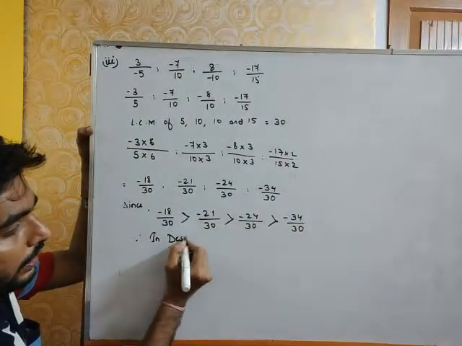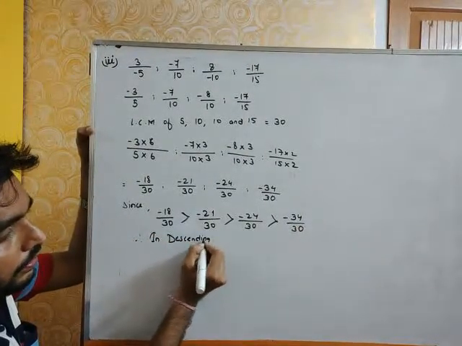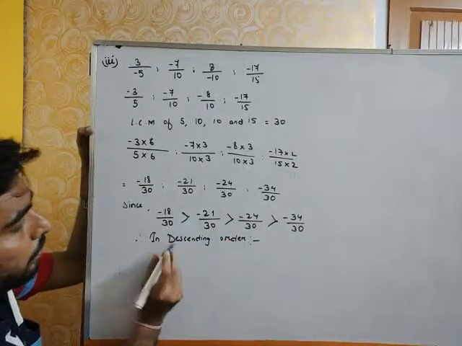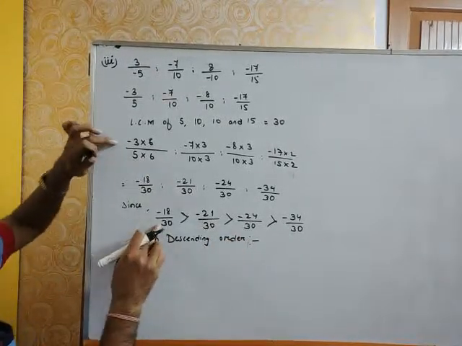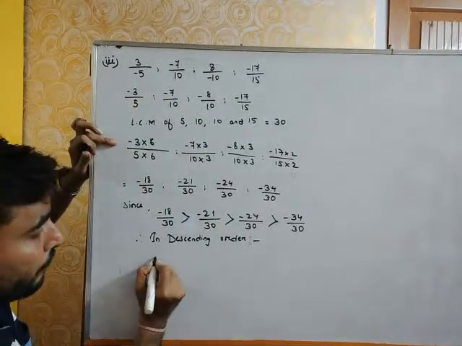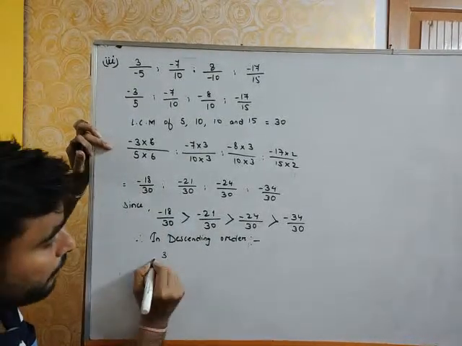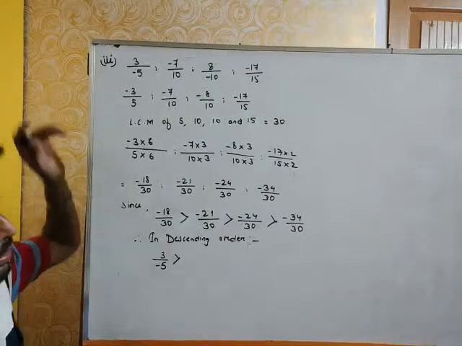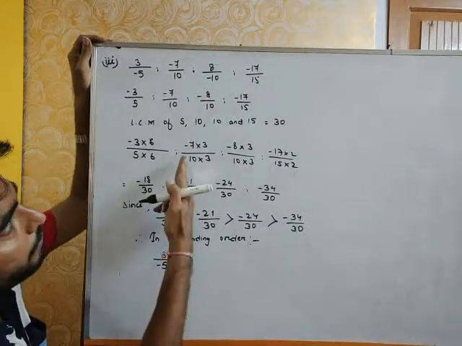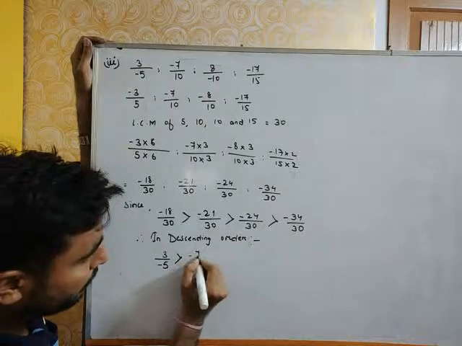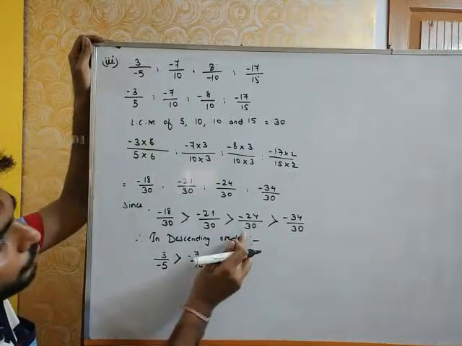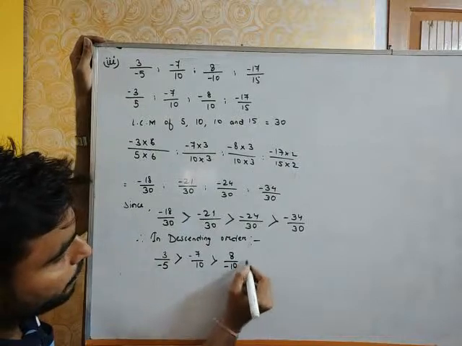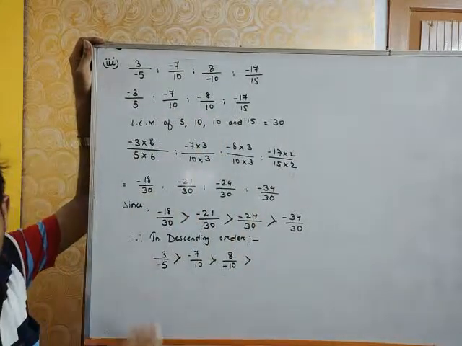Therefore, in descending order, minus 18 by 30 resembles 3 by minus 5. Write it as the question gave it. And minus 21 by 30 resembles minus 7 by 10. Then minus 24 by 30 resembles 8 by minus 10, as in the question.